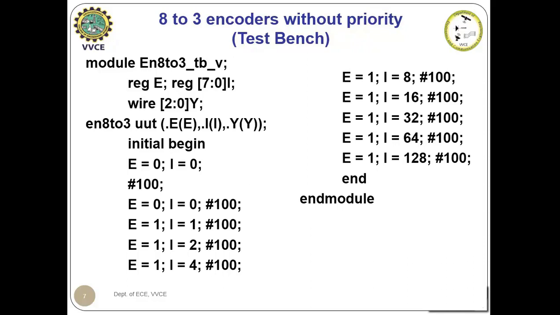So this is the test bench of 8:3 encoder without priority. Now we'll execute the code and check the output.